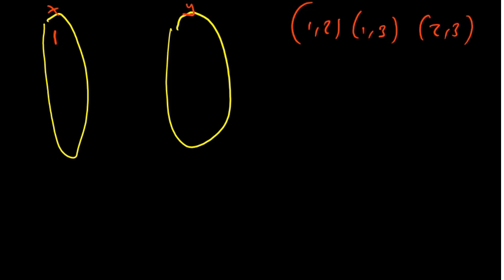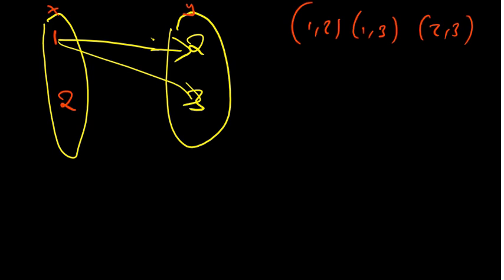So we have got 1, we also have 2. Then the output values, we have 2 and 3. Let's see. So 1 is mapping into 2. At the same time, 1 is also mapping into 3. Then 2 is mapping to 3. Now we are saying that we can have two values of x mapping to one value of y.